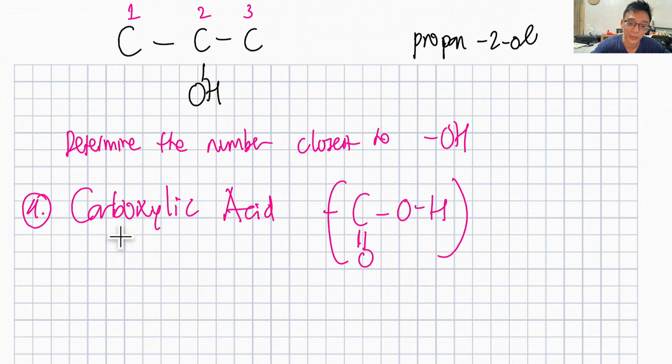The general formula for carboxylic acid is CnH2nO2. So out of these 4, it's quite easy to identify. If your molecular formula contains 2 oxygen, it's carboxylic acid. Contains 1 oxygen, should be alcohol. Then you can check the number of hydrogen to determine whether it's alkene or alkane.